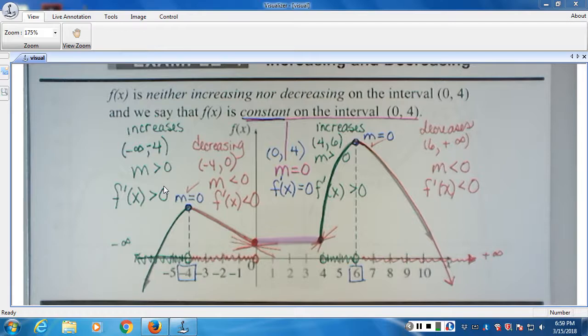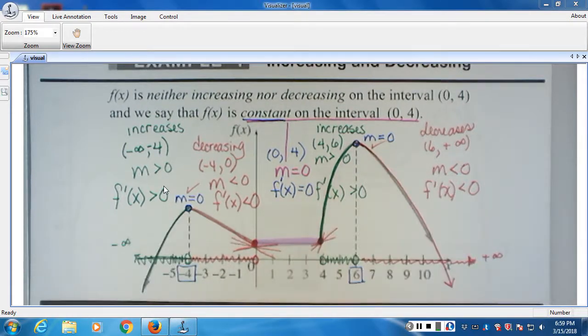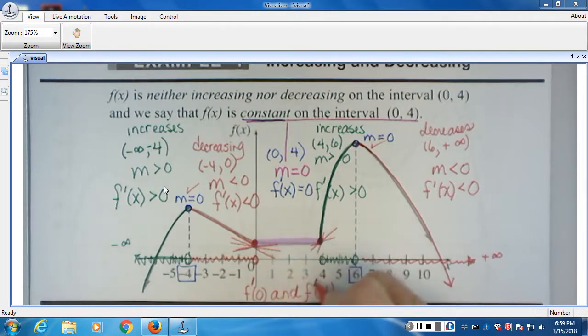So at those two places, unlike here where I can say the slope is 0 and the derivative does exist, at those two places, at 0, the derivative of 0 and the derivative of 4 do not exist. There is no derivative at those 2 points. You cannot calculate a derivative because you can't calculate a slope. You can't say what the rate of change is. Okay?